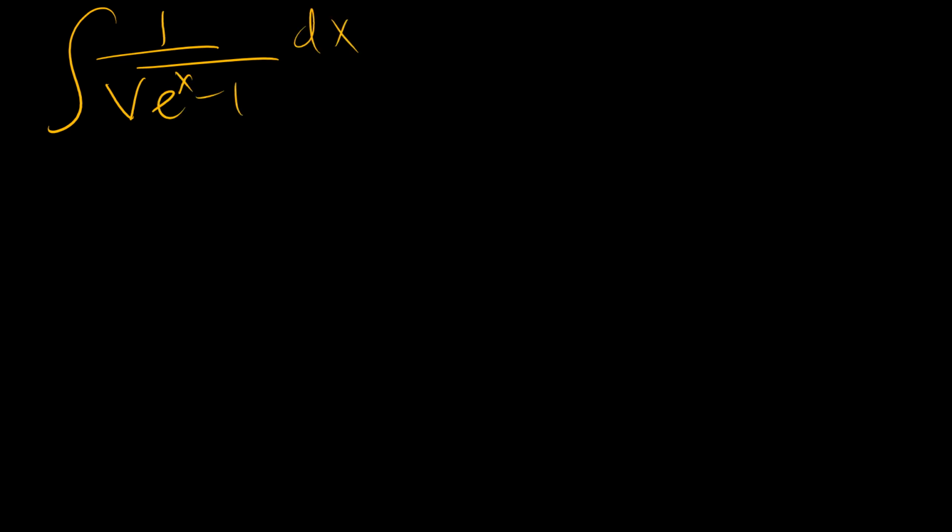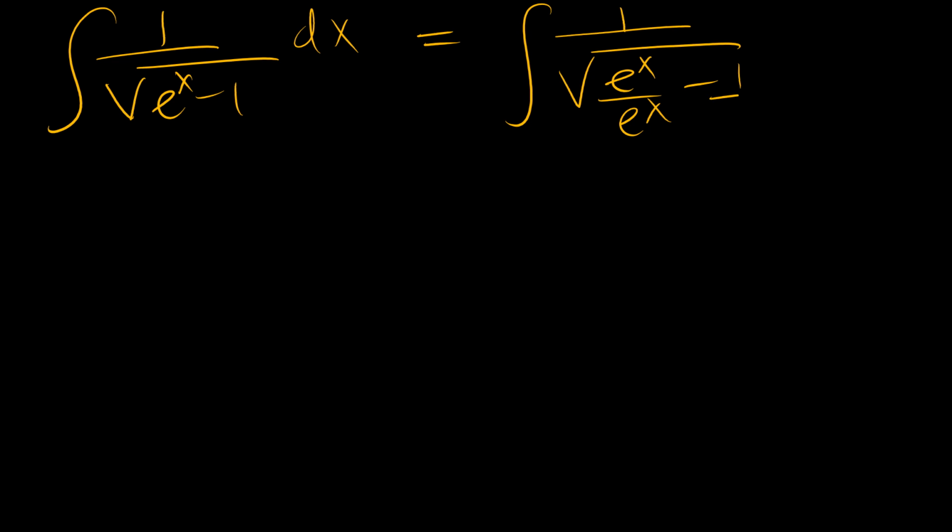So we have 1 over the square root of e to the power x minus 1 as our integral, and that is the same as if we do it such that we have the square root of e^x divided by e^x minus 1 divided by e^x, right?